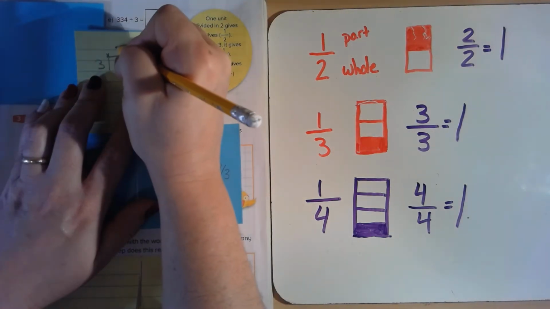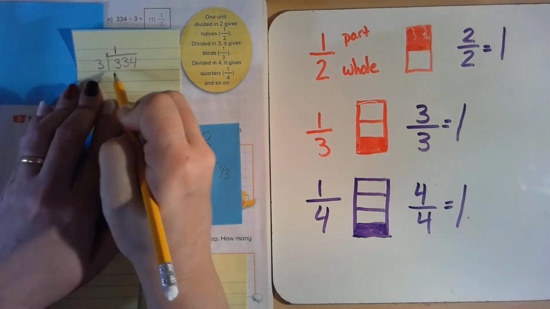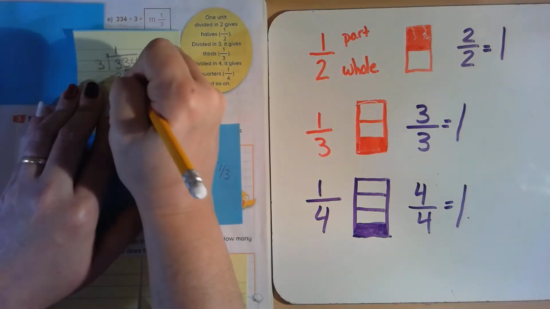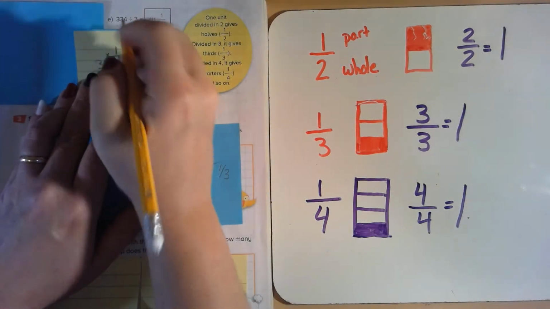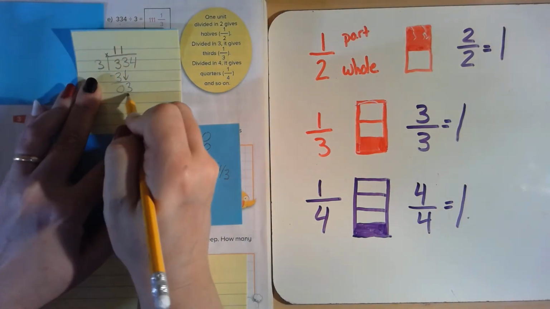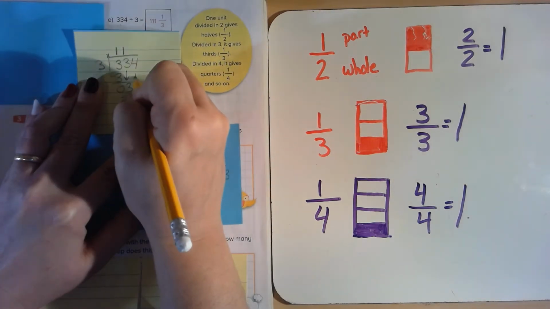So if I go 1 here, 1 times 3 is 3. And I have no remainder, so I bring down my 3. 1 times 3 is 3. Subtract.